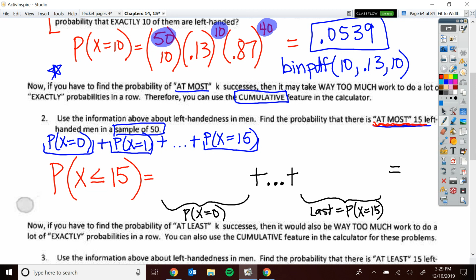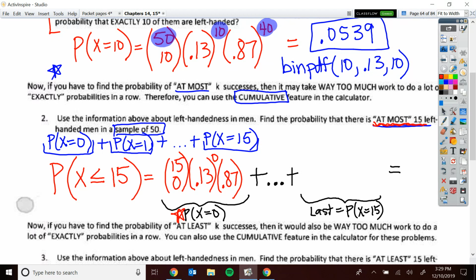So let me do this formula for 0 successes. That's 15 choose 0. So there are 0 lefties. Oh, pooh. You know what?